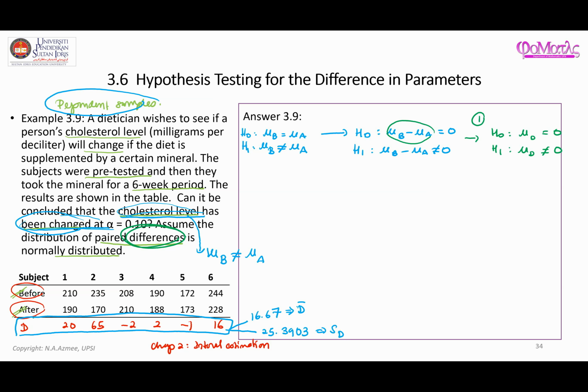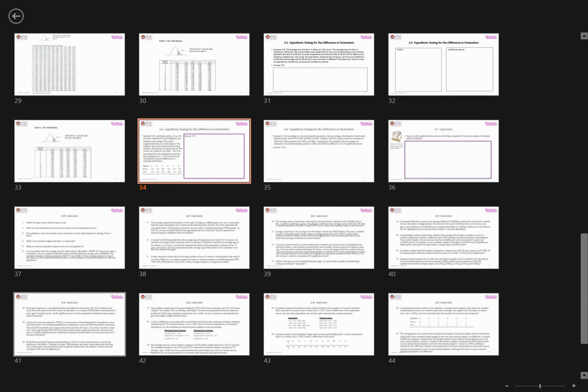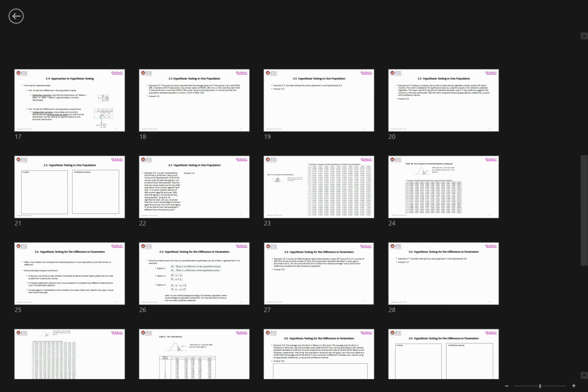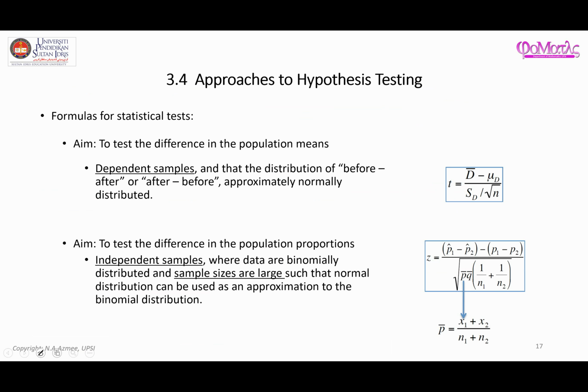Okay, so here we have the first step. Now we're going to calculate the test statistic. The second step is to calculate the test statistic. If you refer to the previous slide, the test statistic is going to be this one.